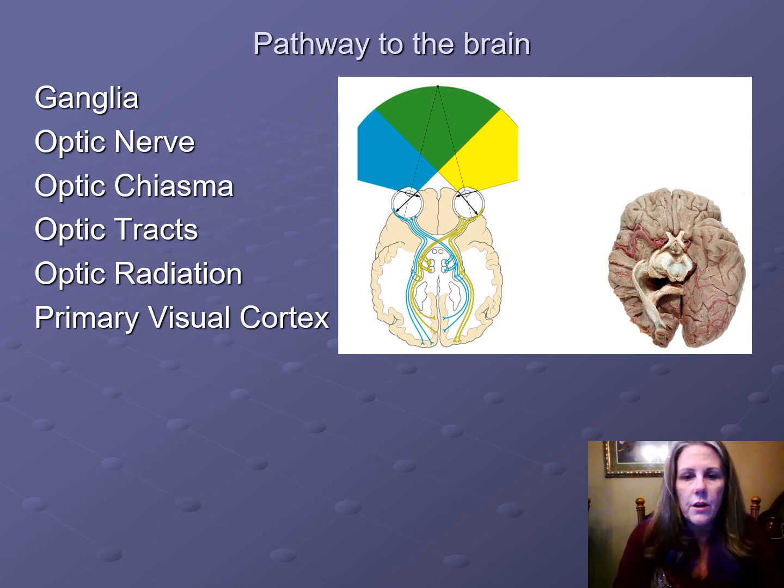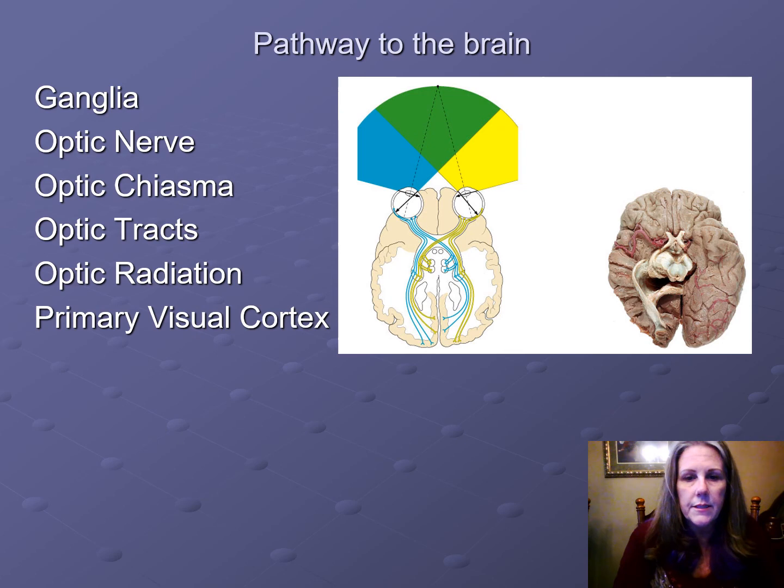Now what I do want you to notice is that some of the impulses will stay on the same side as the brain, but some will actually cross over. And where it crosses over is there at what's called the optic chiasma. So if we look at the other side, which is yellow, some are crossing over there at the optic chiasma. Some are staying on that path.